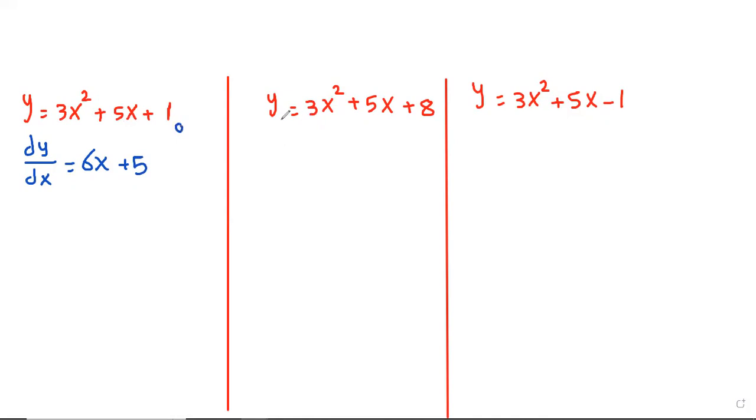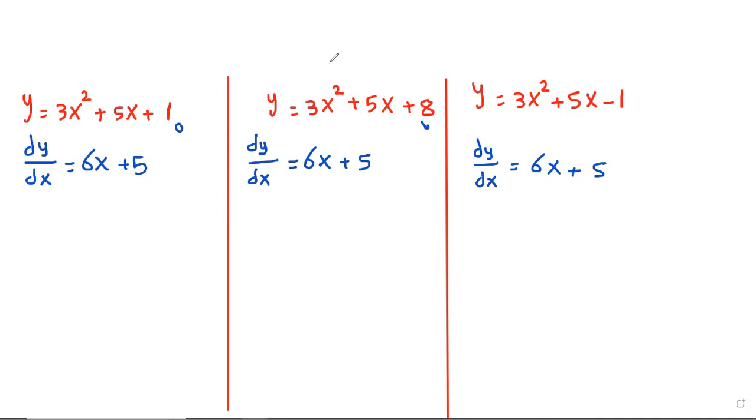And also here, y equals 3x squared plus 5x plus 8. So dy over dx will be equal to 6x plus 5, and the derivative of 8 is 0. And for the third one, dy over dx will be equal to 6x plus 5.